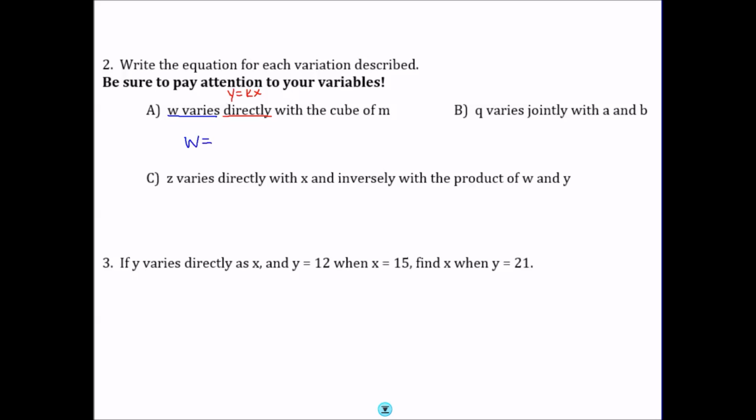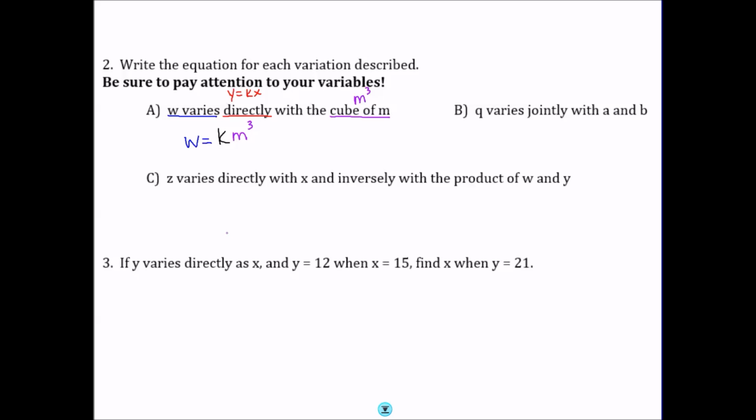And then we need to pay attention to the cube of m. That means m cubed. So when we write out this formula, we're going to have w equals k times the cube of m. You will always have k in every single formula.